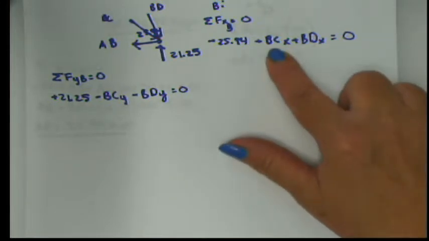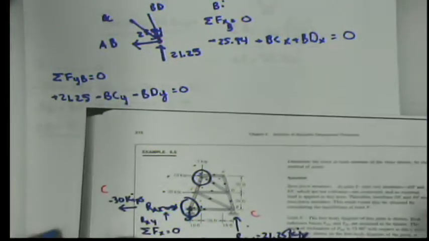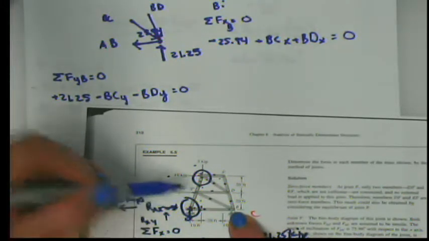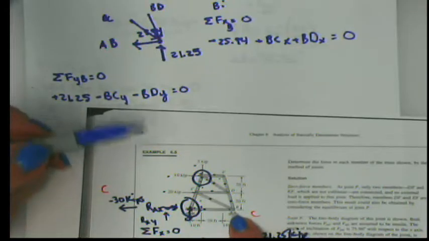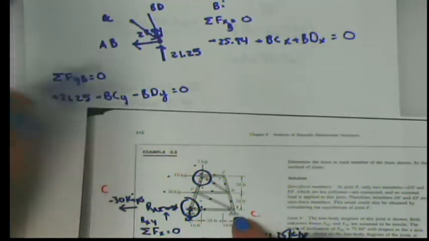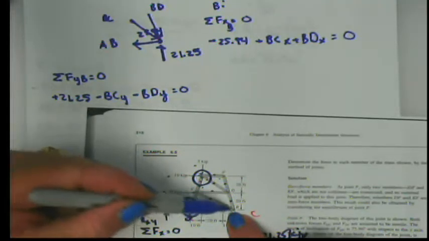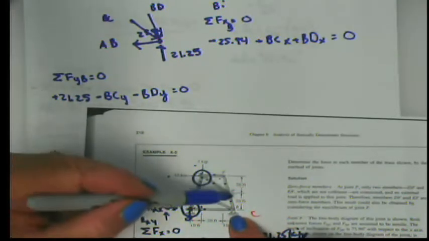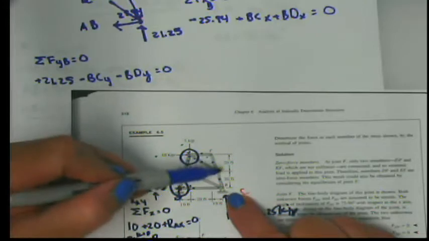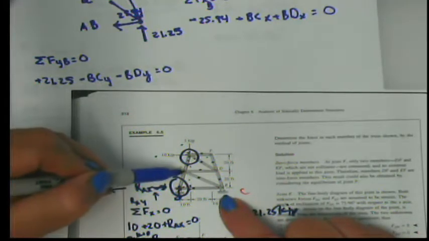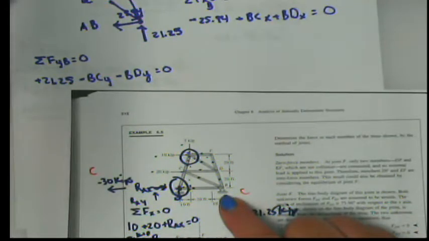All right, so let's take a look at joint B and what BC looks like. From B to C, this angle, what do we got going on? We have 20 feet in height between B and C, and we have some distance in the x direction.